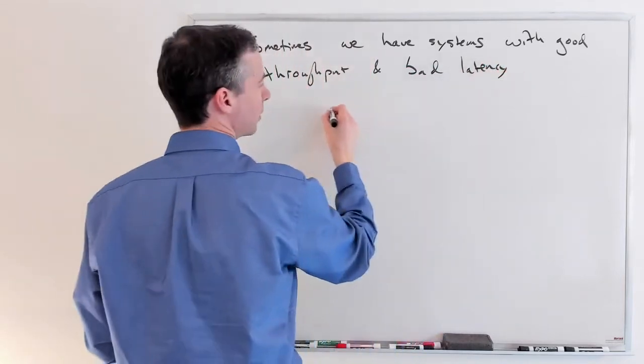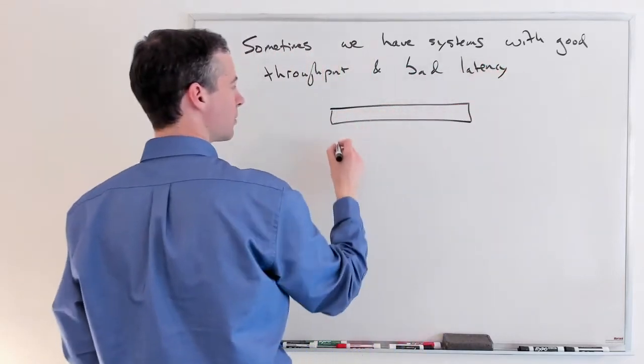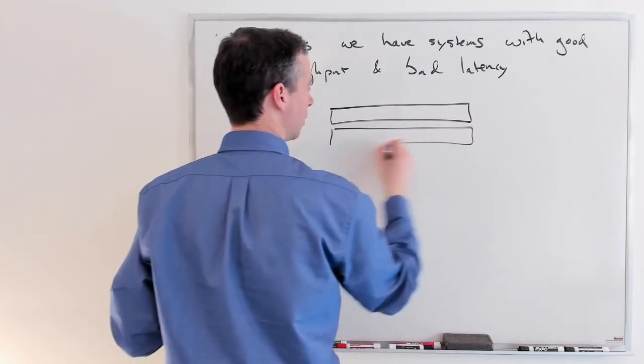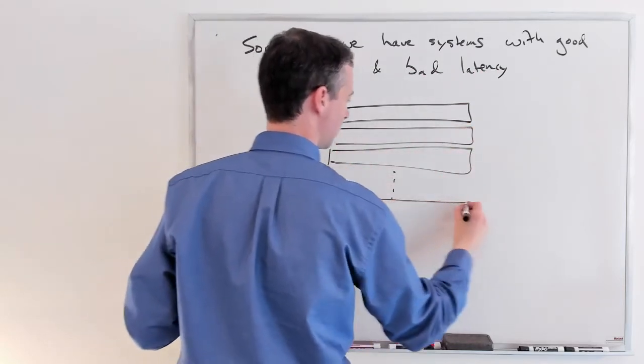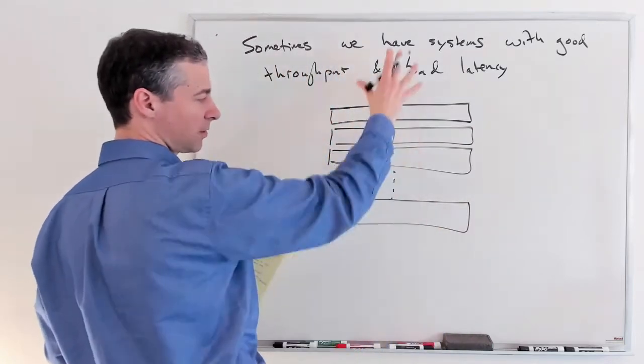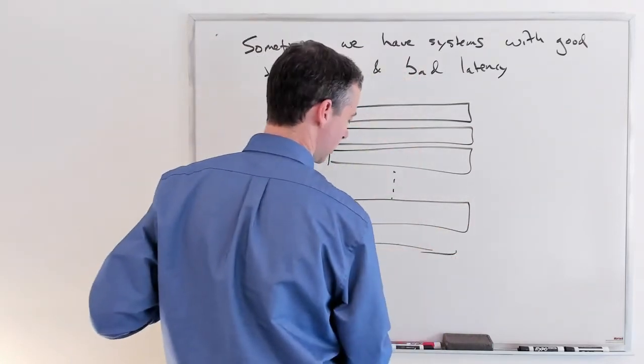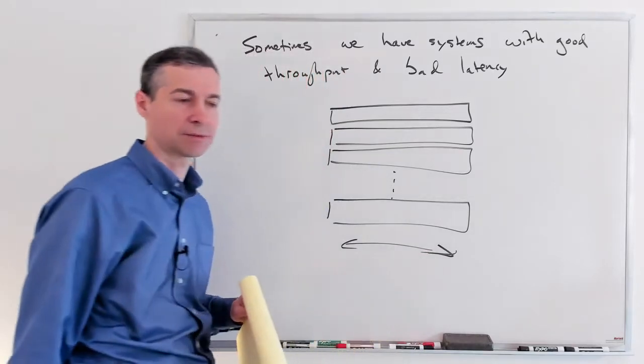So what does that look like? Well, that's when we've got these requests that come in, and they all are able to be processed at the same time. So we're all processing at the same time, but they take a really long time to process.